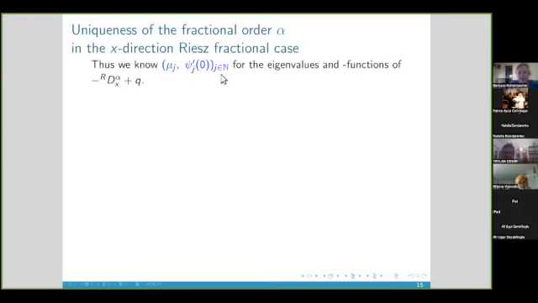And actually, it's even too much information that we have. We can recover, as we will see in a moment, this fractional order alpha, which is just one number, from just looking at the asymptotics of the eigenvalues.